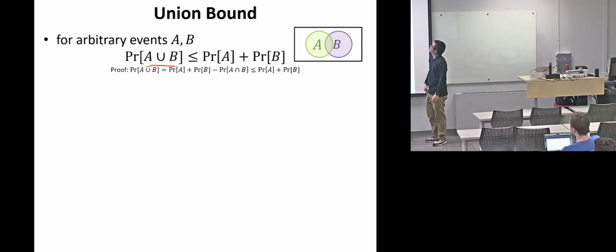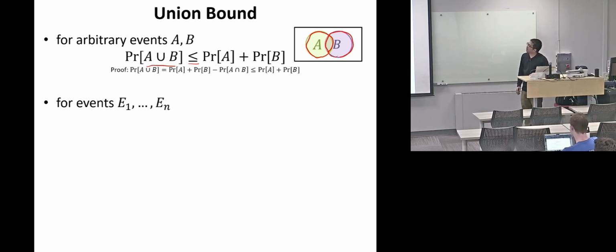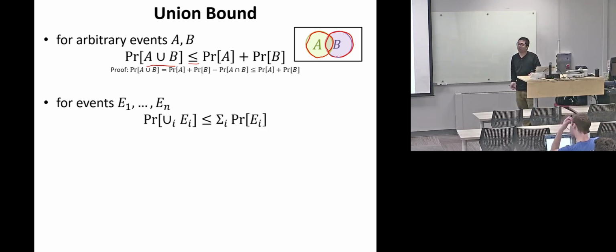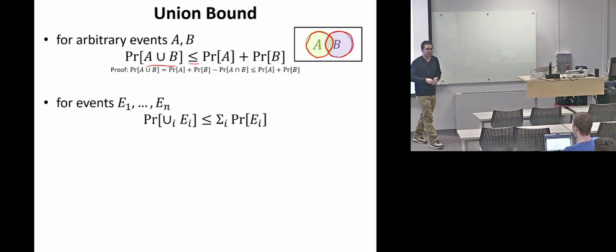This is going to be equal if A and B are disjoint, but otherwise, if they have an intersection, you just get an inequality. And in general, if there are n many events, then the probability that one of them occurs is at most the sum of each probability.